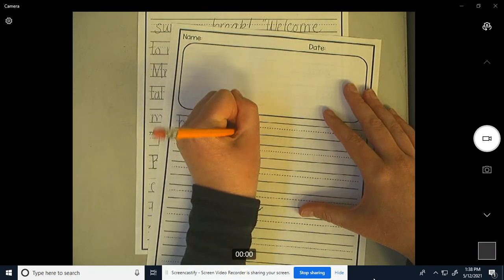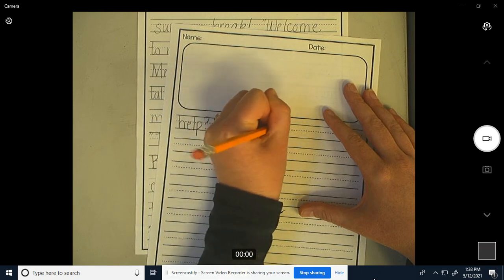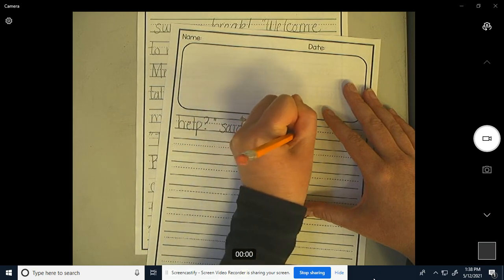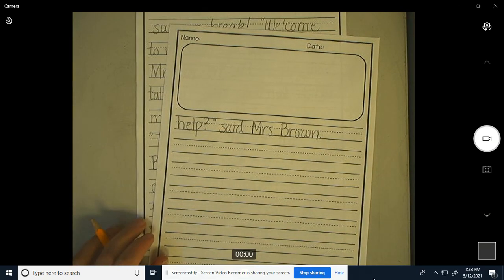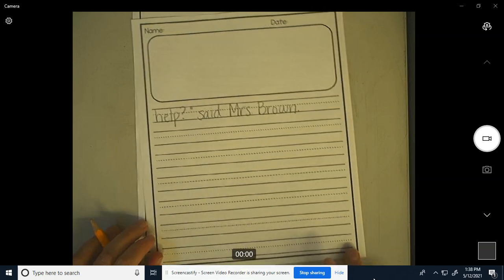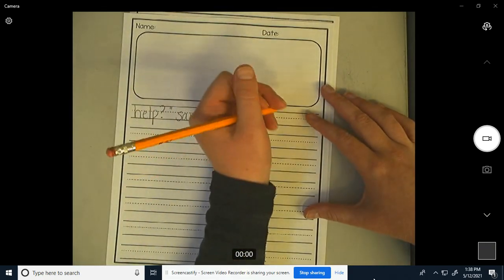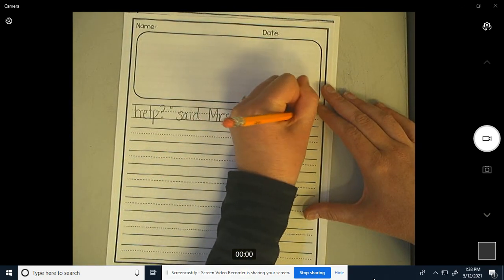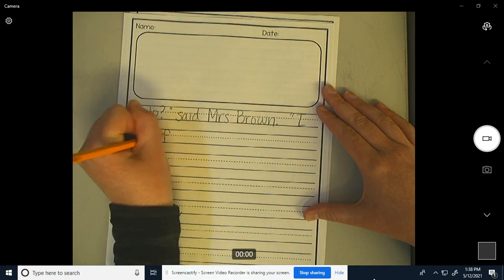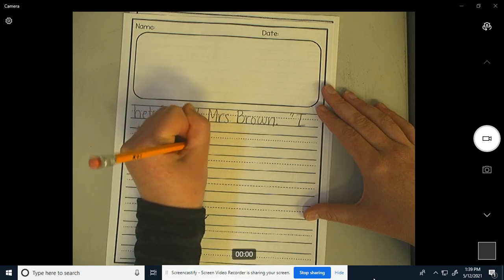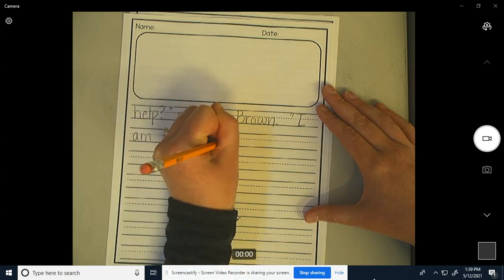Remember how important it is to say the says or said so that your reader knows who's talking. Okay. And Mr. Flamerson is going to say, "I am far too busy." That means he's way too busy.